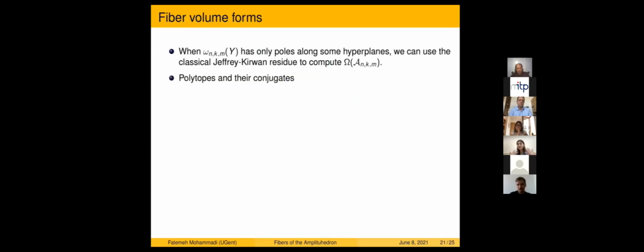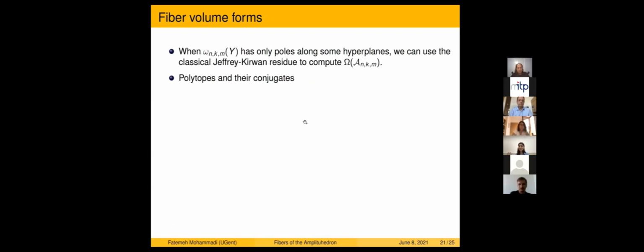So this is in general, but these fiber volume forms only have poles along some hyperplanes, that is, their denominators are products of linear forms. So then we can use this Jeffrey-Kirwan residue to compute the canonical form of these objects, and also the canonical form of the amplituhedron.